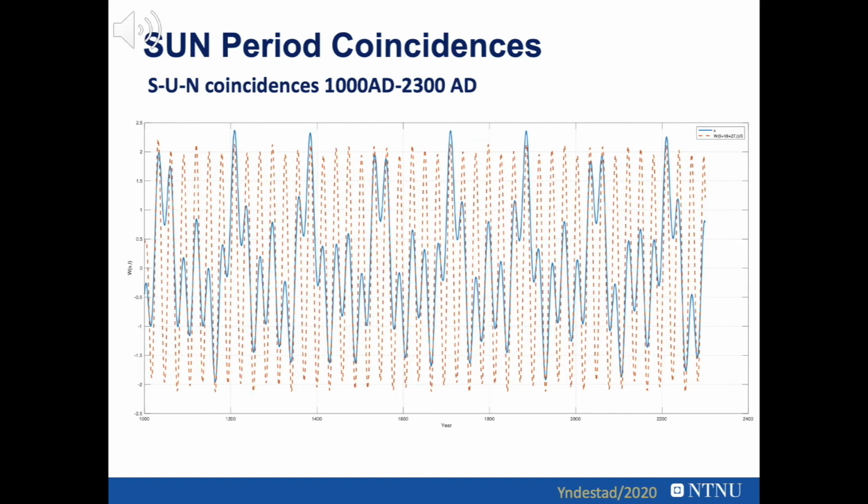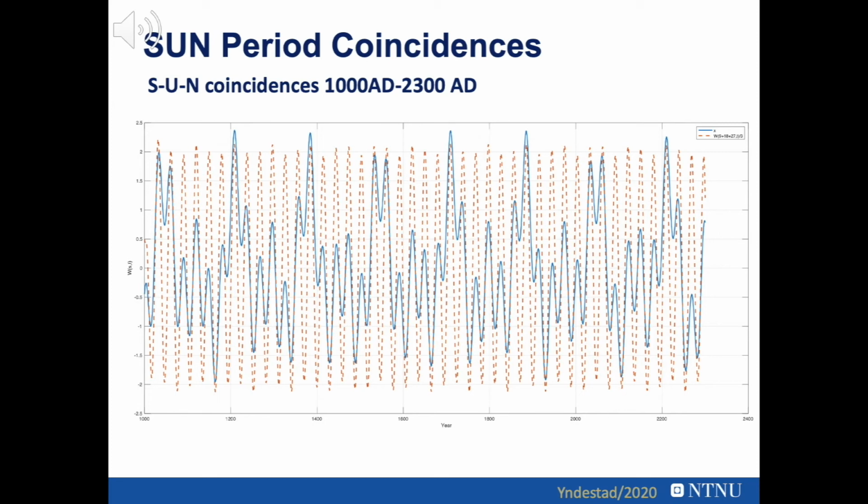Here the blue line shows perihelion coincidences from the year 1000 to the year 2300. The red line shows only the Saturn period. We see that the Saturn period slowly changes the position of minimum and maximum.